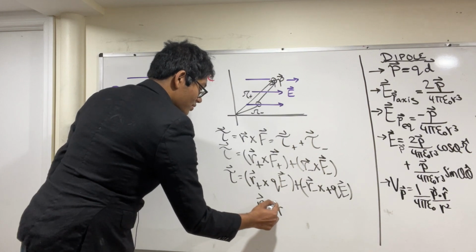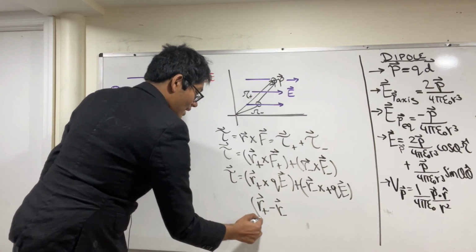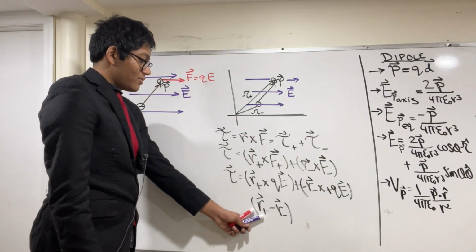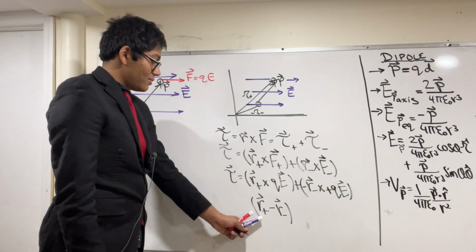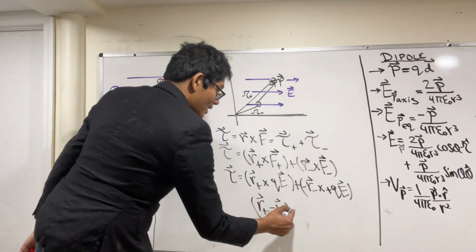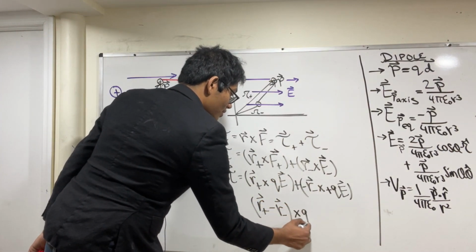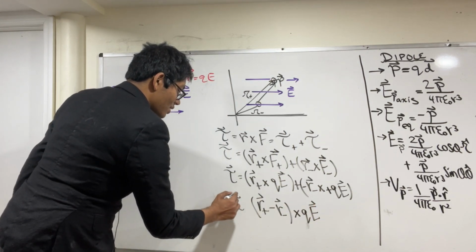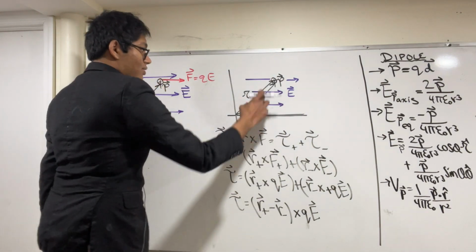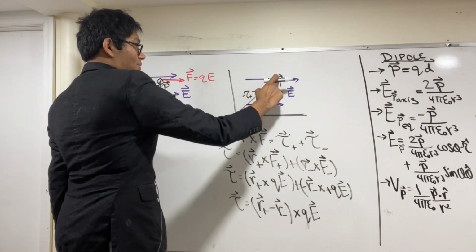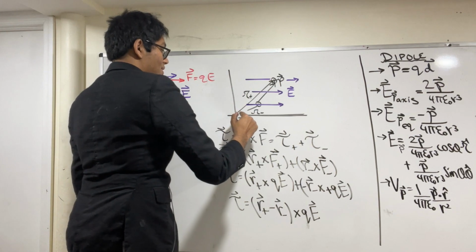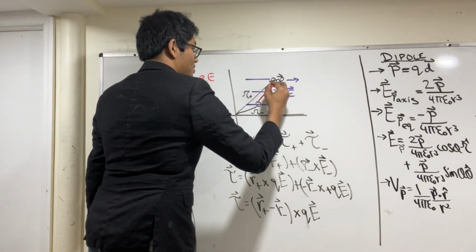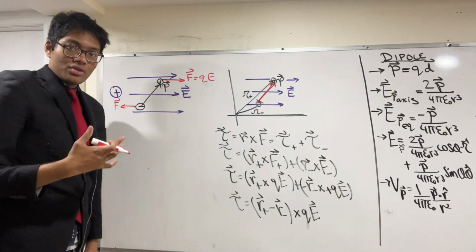So I'm going to rewrite my expression as the difference of the distances from the origin to the plus charge and from the origin to the minus charge, and that's going to be crossed with qE. Well, look at what I have here. What is r plus minus r minus? Well, that's this distance, right? r plus is this, r minus is this. Subtracting them gives me this distance right here, the distance between my two charges, aka the charge separation.